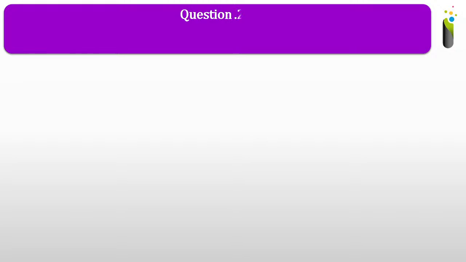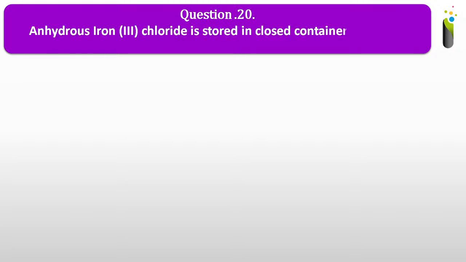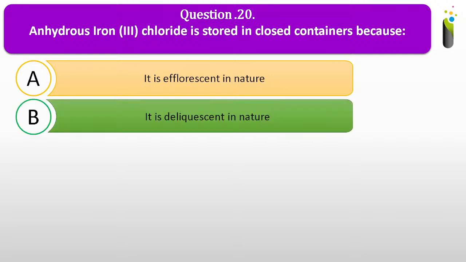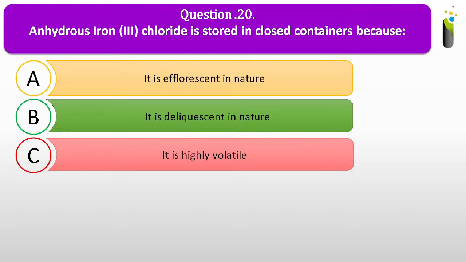Question number 20. Anhydrous iron chloride is stored in closed containers because dash. A, is it because it is efflorescent in nature? B, it is deliquescent. C, it is highly volatile.